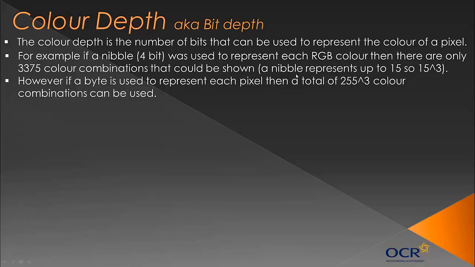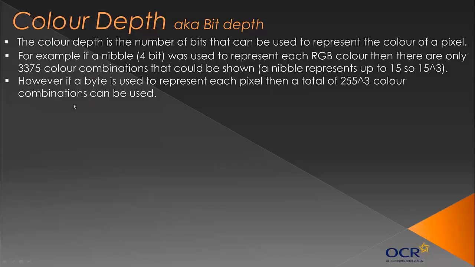We know that a nibble, 4 bits, represents up to 15. 1111 equals 15, and so 15 times itself 3 times gives how many combinations there are. There's only 3,375, which actually aren't that many. So if a byte is used, so 8 bits, then a total of 255 to the power 3 colour combinations can be used, which is a huge number.